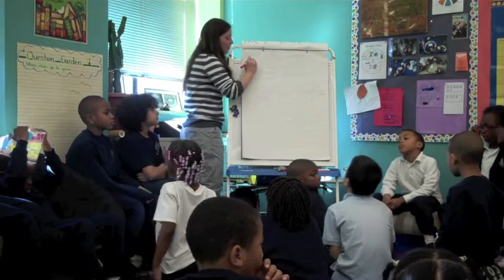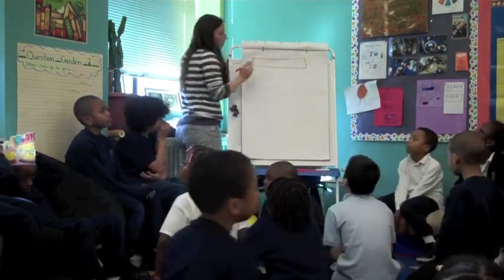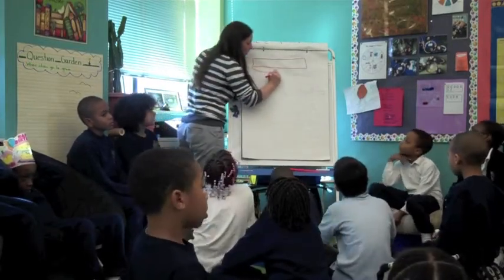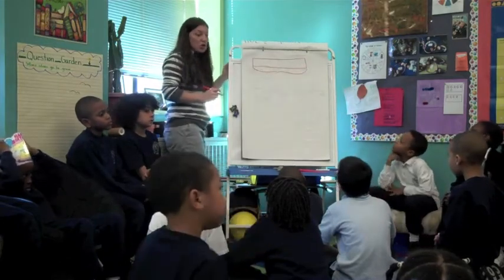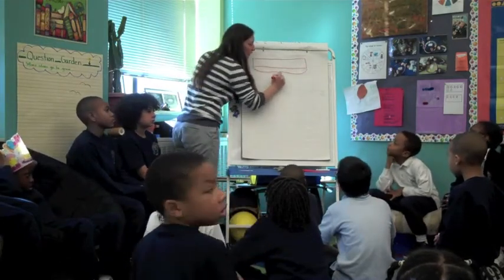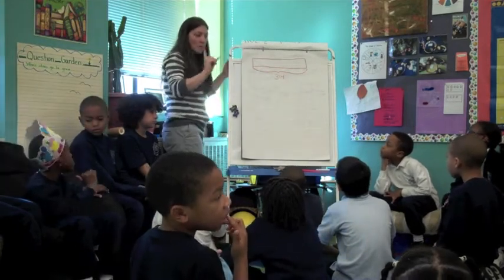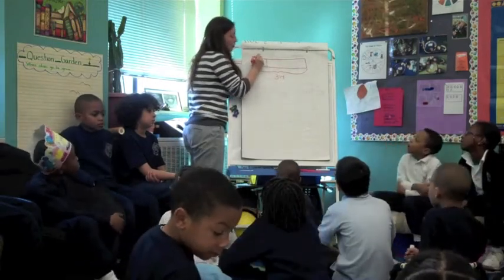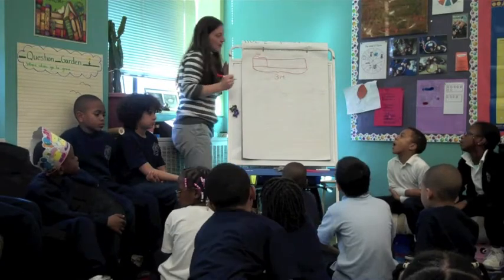So first, I'm going to start with a bar model. So I have my bar model. This is the whole, right? This whole thing is going to be equal to 314. One part is equal to 106.